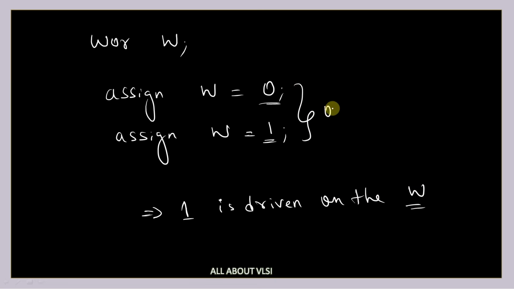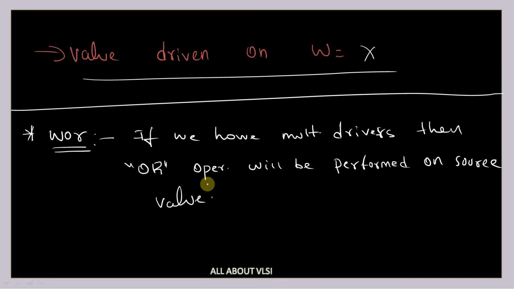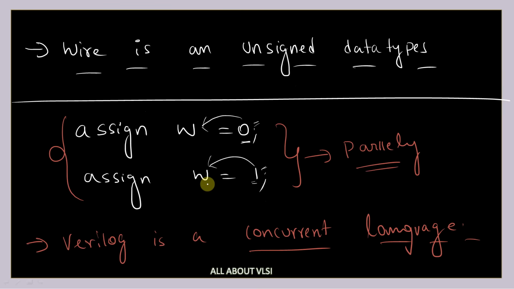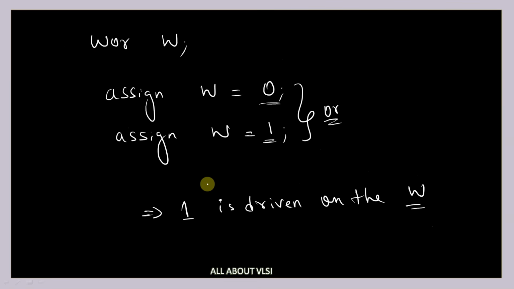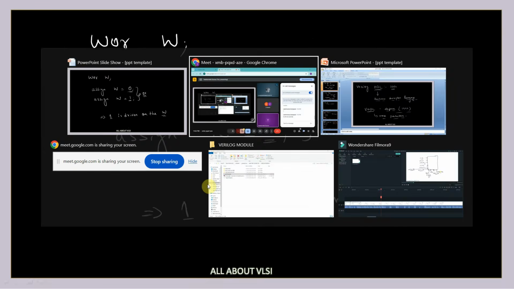But if we are using a wire data type, we were getting unknown because multiple drivers are trying to drive a value onto the same wire. Here we are not going to get unknown. The OR operation will be performed on the RHS side and that value will be driven onto the wire.